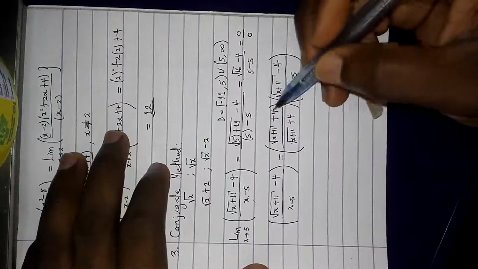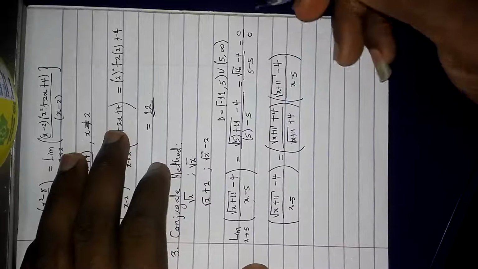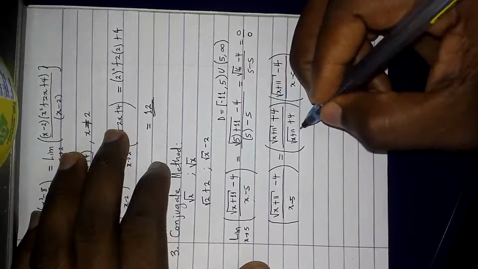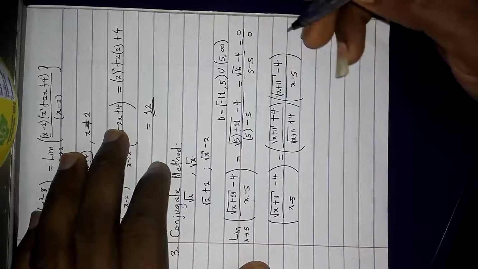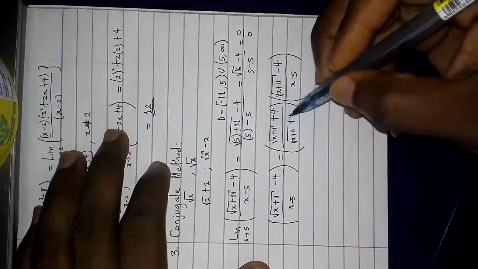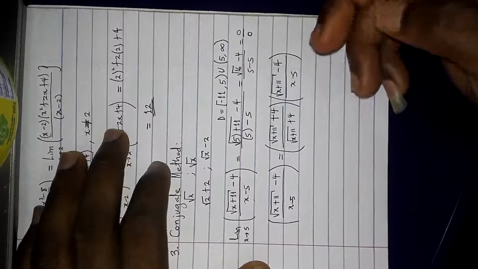I told you we cannot multiply or divide by 0 over 0, because that will be indeterminate. This is feasible provided that this will not give us 0 and this will not give us 0, which is fine.